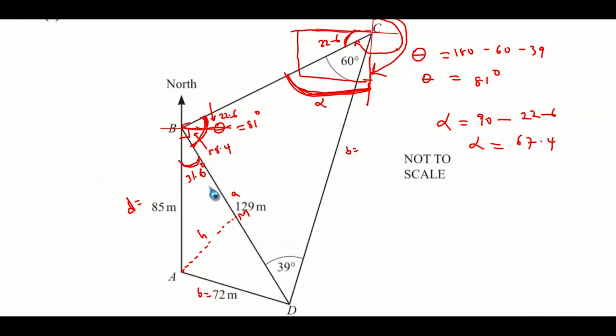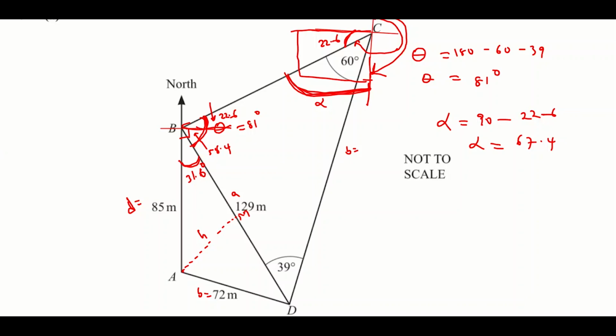Let's calculate the area of triangle ADB, which will be the base times height over 2. The base is 129 and the height is the shortest distance between A and DB, which I think we calculated to be 44.5.